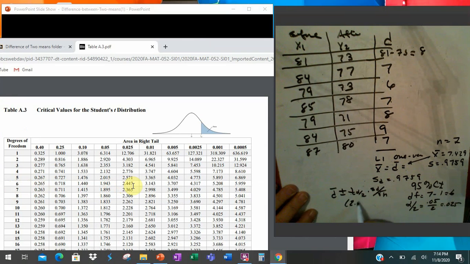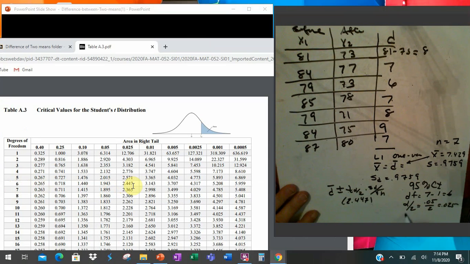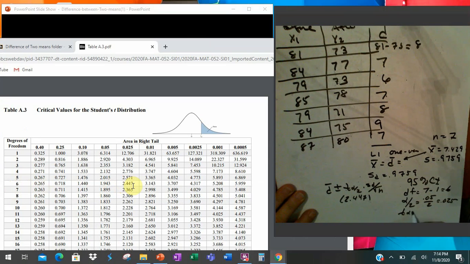So t alpha over 2 was 2.447. My margin of error uses S sub D, 0.9759, over the square root of 7.